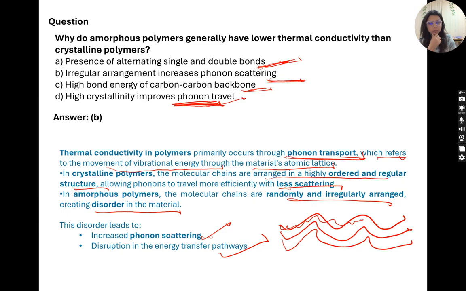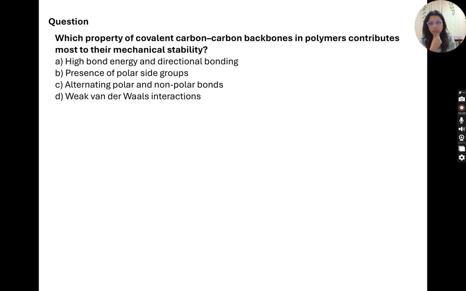Okay, then we can move forward to the next question, which is this: which property of a covalent carbon-carbon backbone in polymers contributes most to their mechanical stability? The carbon-carbon backbone is not directly related to thermal properties, but rather it decides the mechanical stability of any polymer.